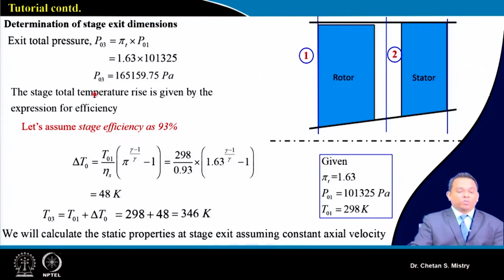Here we know the total temperature rise, delta T0, which we write in terms of the entry temperature, the efficiency, and the pressure ratio. The efficiency here is the stage efficiency. You can consider this a polytropic efficiency because we are considering only one stage.